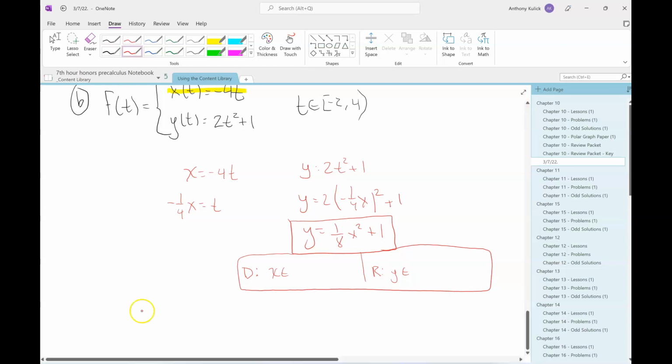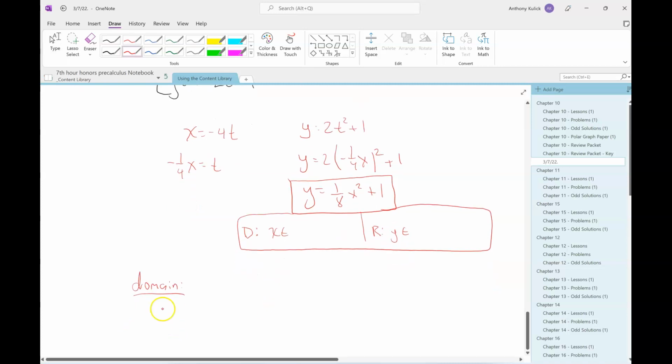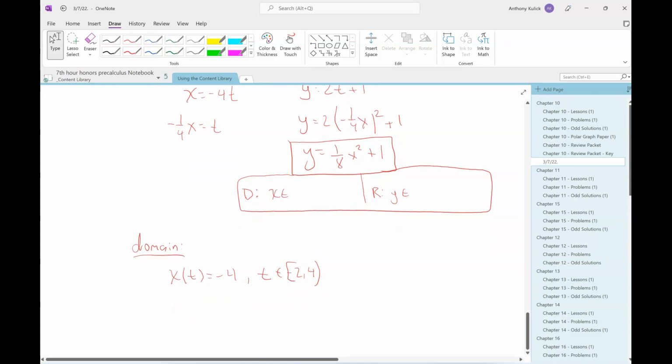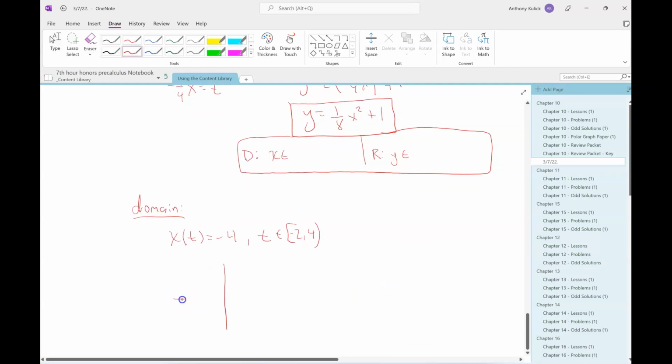Okay. So the domain, which parametric equation do I need to look at? The one for x. Very good. What type of function is that x function? It's linear.